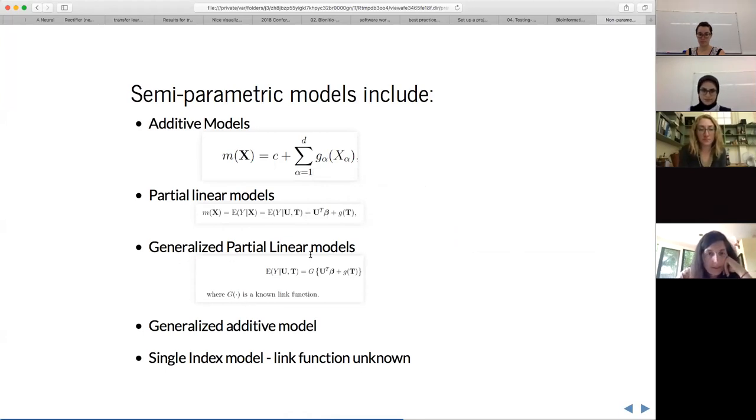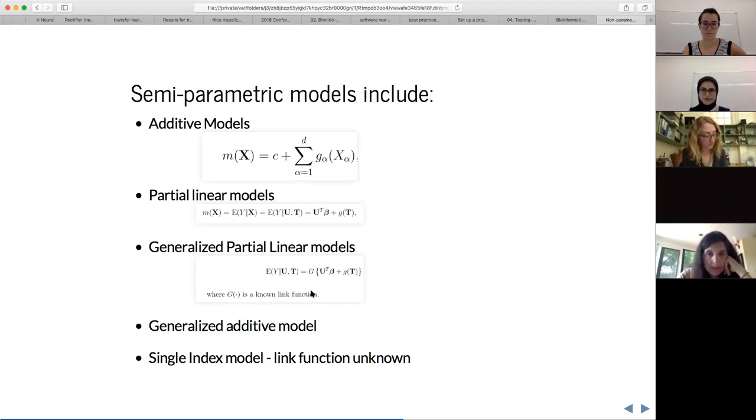In the generalized partial linear model context, you are saying that the expectation, that mean, is some function G of a linear part and a nonlinear part. In the context of generalized linear models, this is called the link function, and the link function is known.